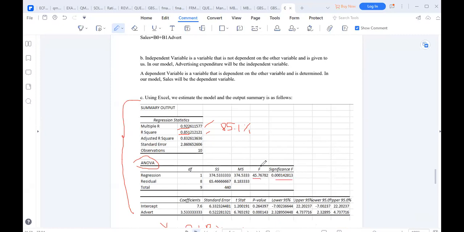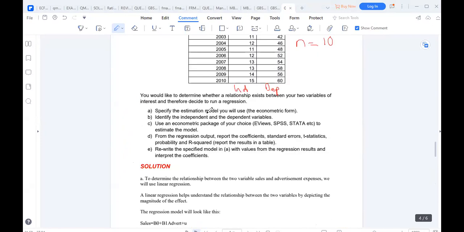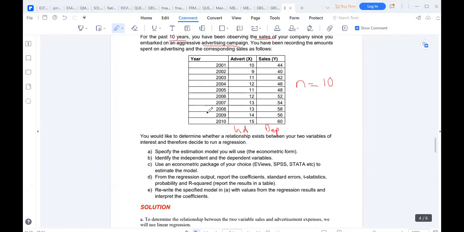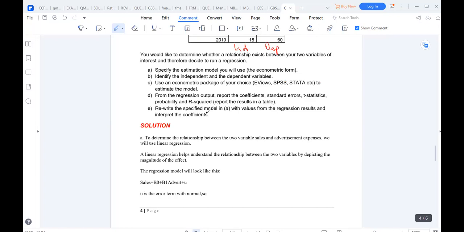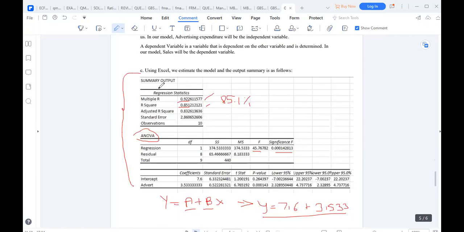Mr. Collins, before you proceed, on the equation you've written, Y is equal to 7.6, where are these figures coming from?